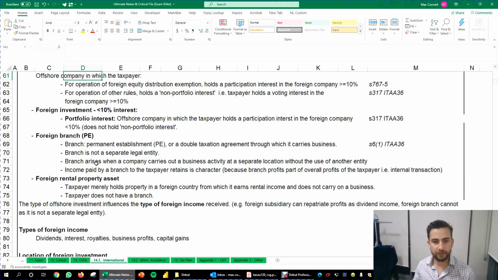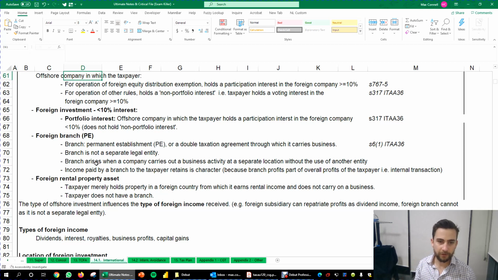So the next one is foreign branch, PE, i.e. a permanent establishment. So this is basically, a foreign branch is not a separate legal entity. So it's basically if I, as an individual or a company, were to go over to Singapore or another country and I don't set up a new company, I just continue to operate as I am, no separate legal entity.